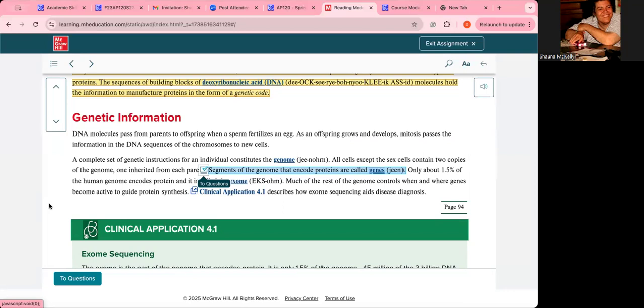Okay, and it is called the exome. Okay, I don't know why. I guess the exome is the whole, the exome is a specific part. I'm not sure here. Segments of the genome that encode proteins are genes.